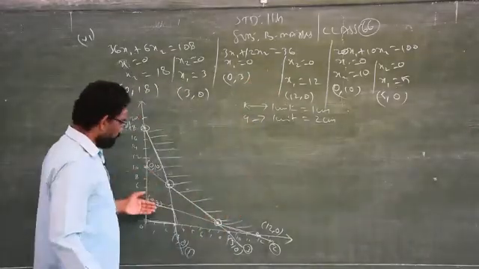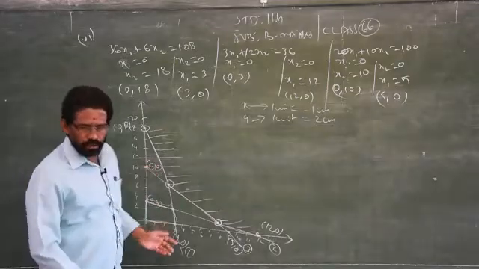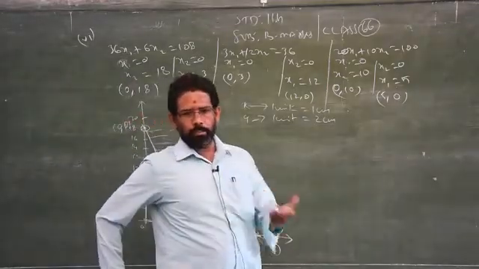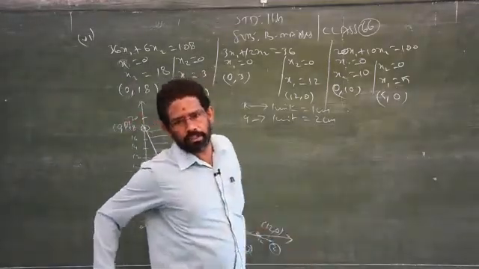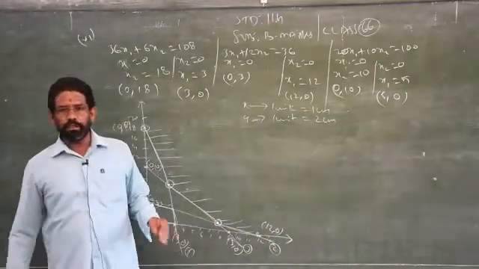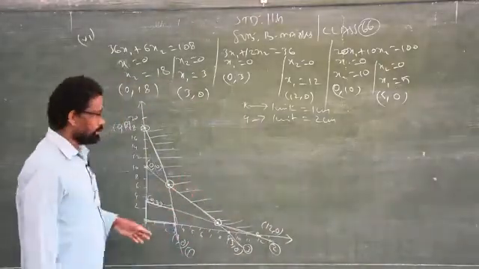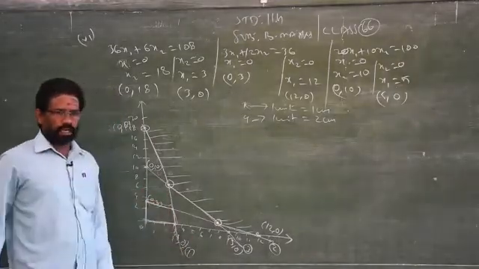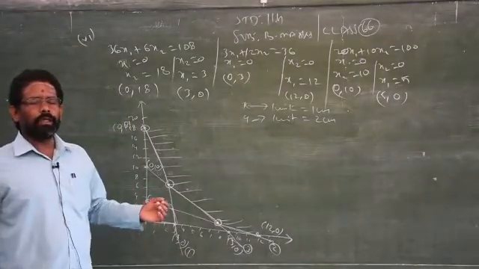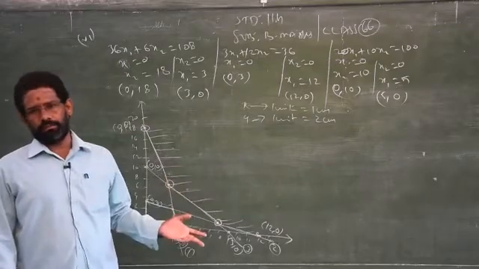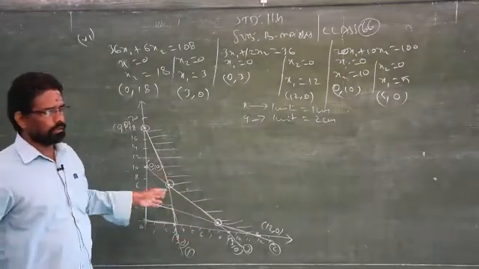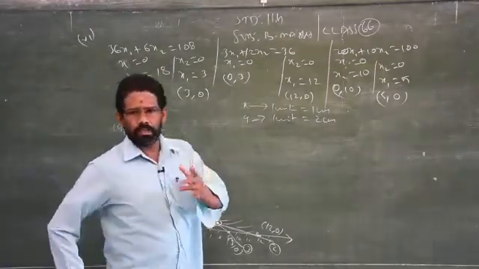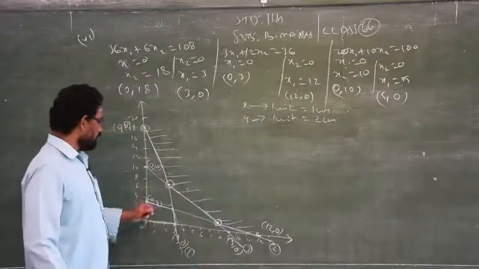Only the graph. For our convenience we are applying the elimination method to find the intersecting points, but actually you should not do that. You have to proceed with the help of only the graph sheet. If you plot the points on the graph sheet properly, you will not need the elimination method. You will get exactly the answer.